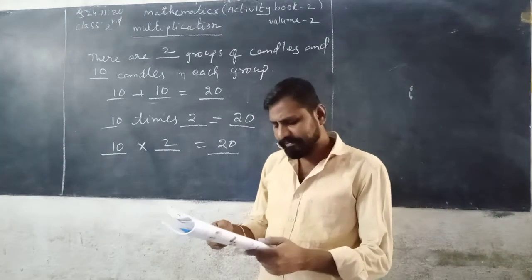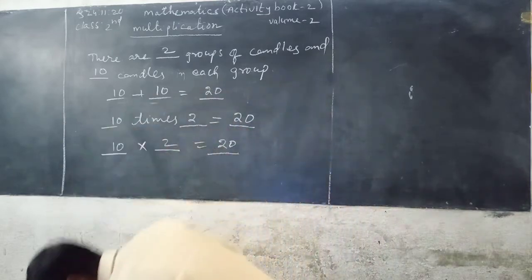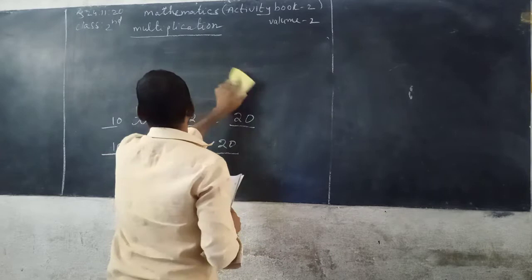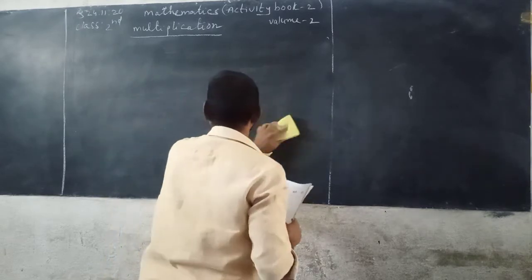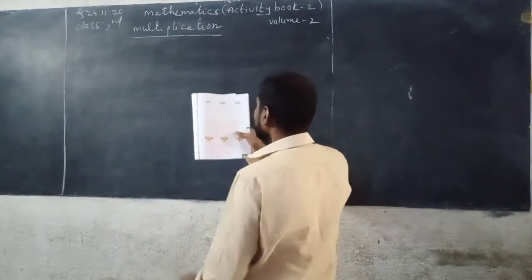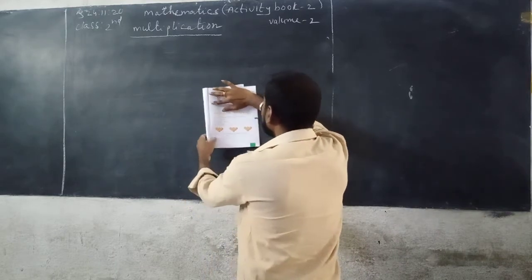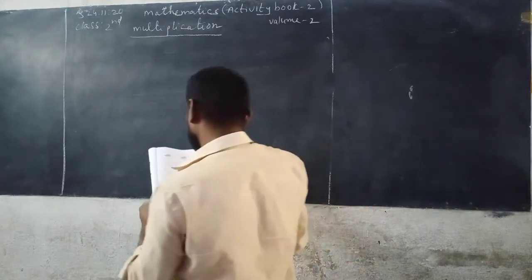Now next, beta, oranges. See here, how many groups are there, beta? 3 groups. Each group has 6 oranges.